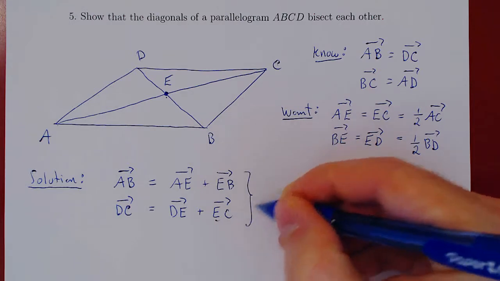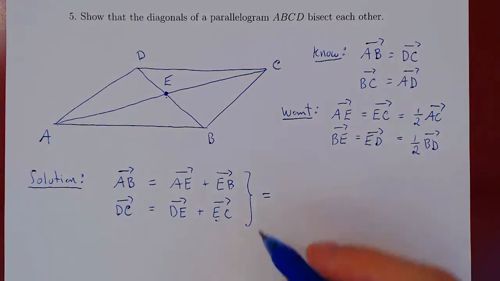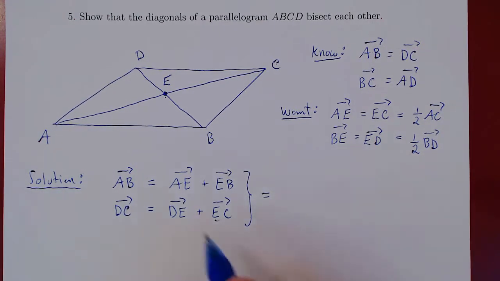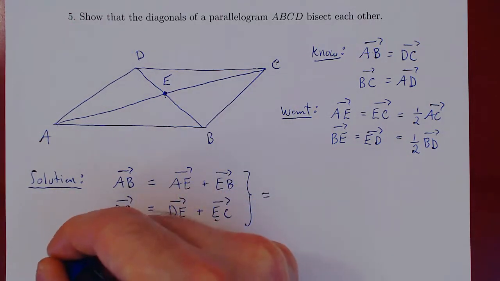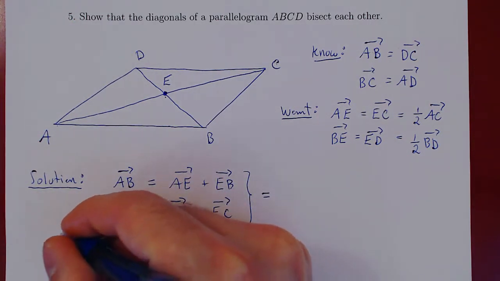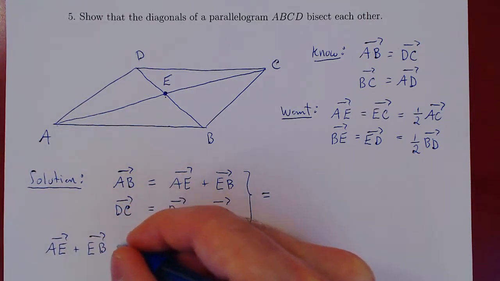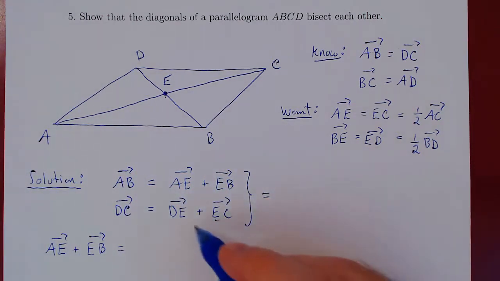So both of these are equal as vectors. So let's equate them and see what we can do from that point on. So vector AE plus EB is equal to vector DE plus EC.